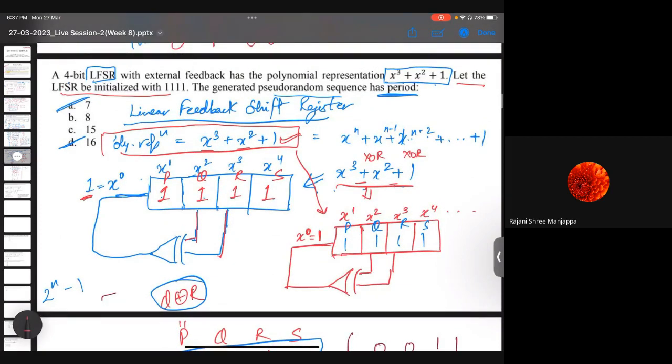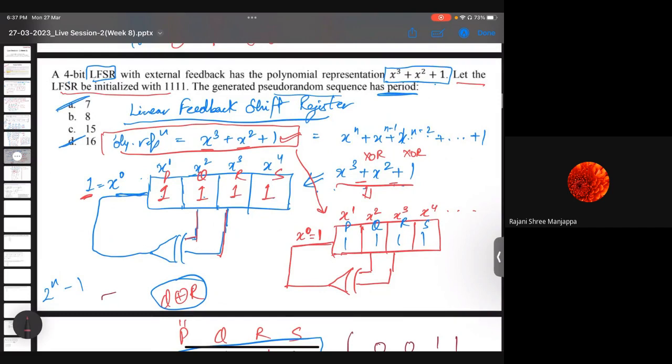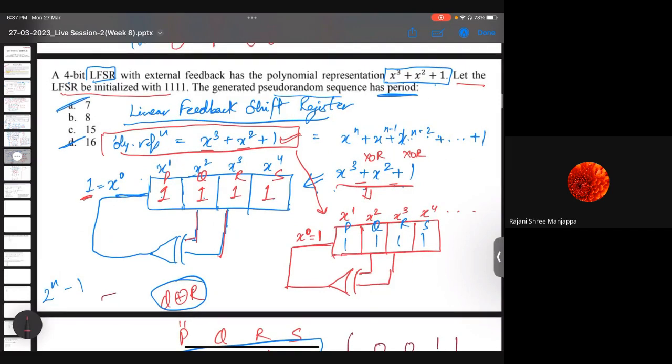The polynomial is x cube plus x square plus 1. So it is x to the power 0, then this is 1, 2, 3, 4. Let me try to check the concept.